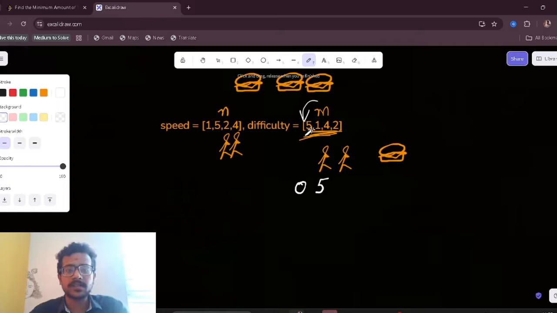Now, what is the time taken by chef 1? This is chef 0 and this is chef 1. The time taken by chef 1 to cook burger 0 is 5 into 5, 25. But will you take 25?